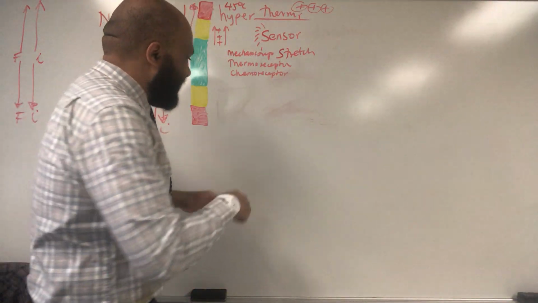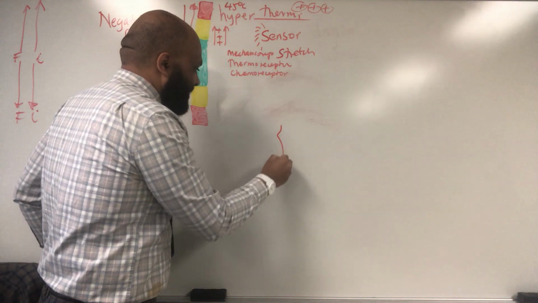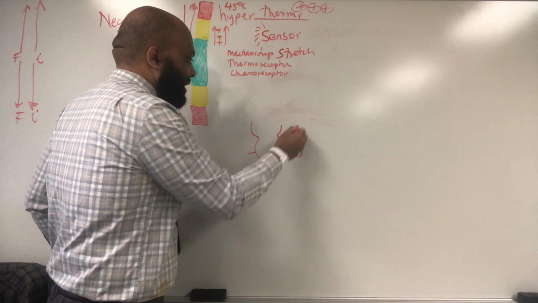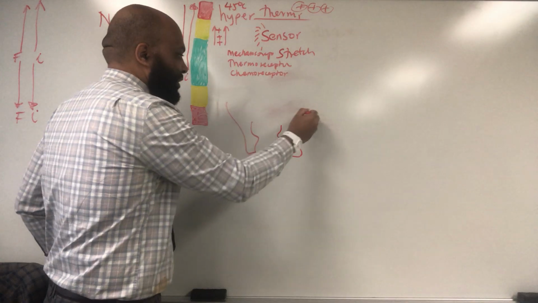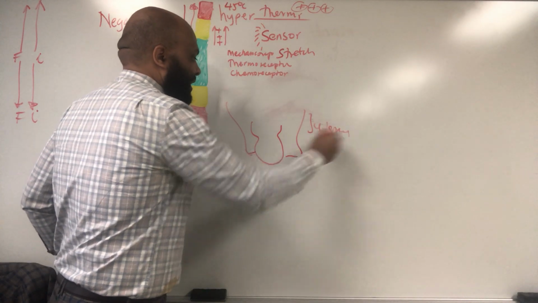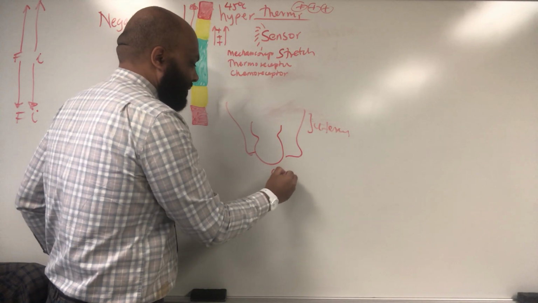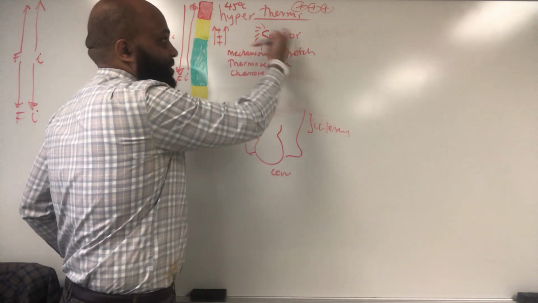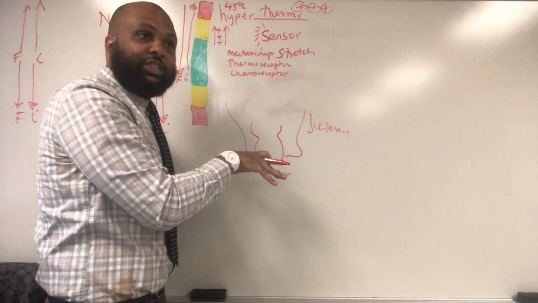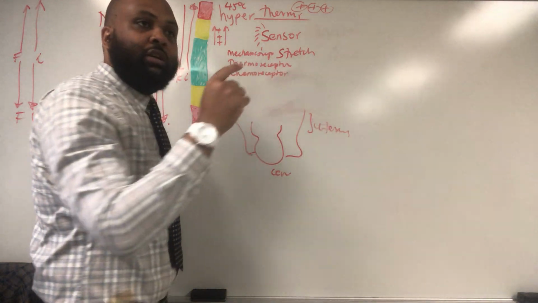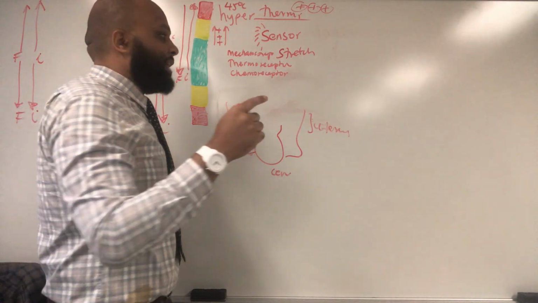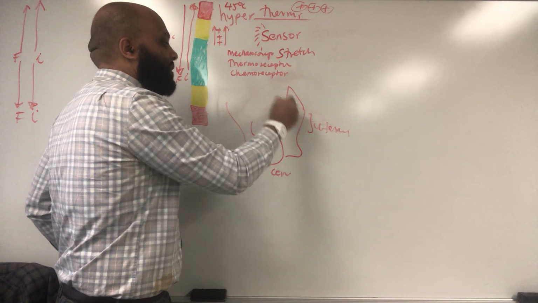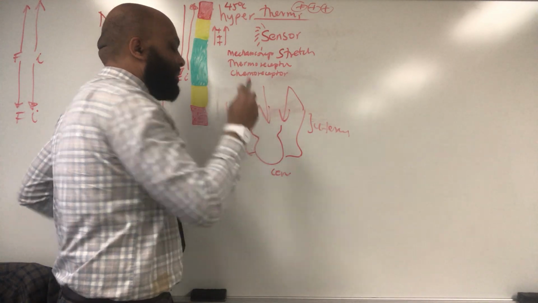The baby's head is pushing against the cervix, this is the uterus, and this is the cervix. Stretch receptors sense that stretch, and they send information to your hypothalamus. The hypothalamus releases oxytocin, and oxytocin causes pushing of the baby out.